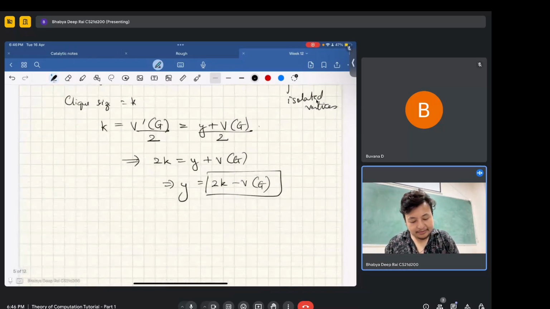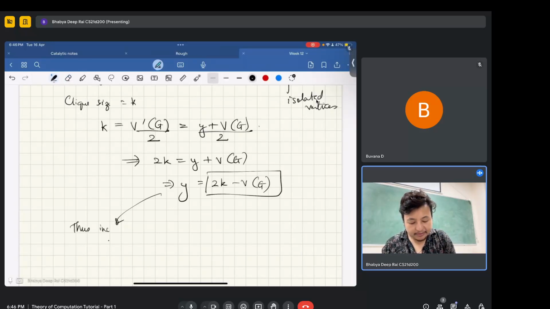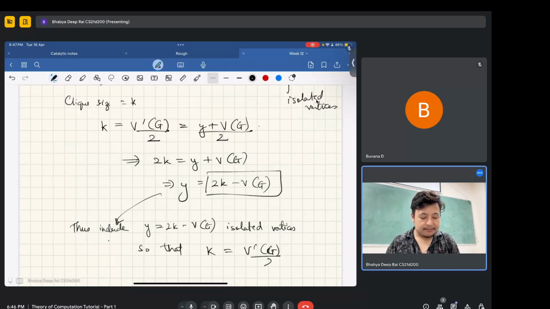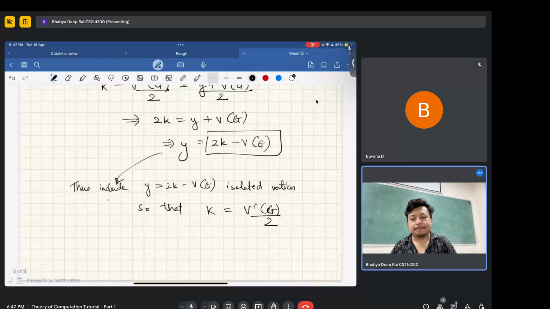So include y equals 2k minus V of G isolated vertices. Isolated meaning no edge among them. So that k, the size of the clique, compared to the new graph, will be exactly half. And you're done.